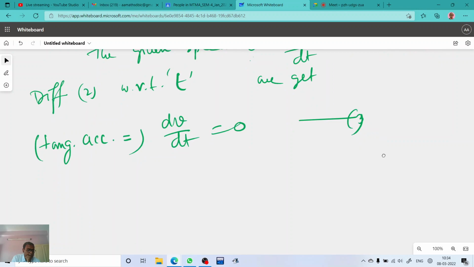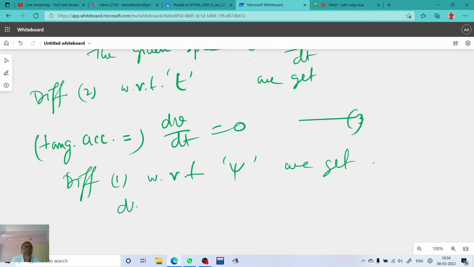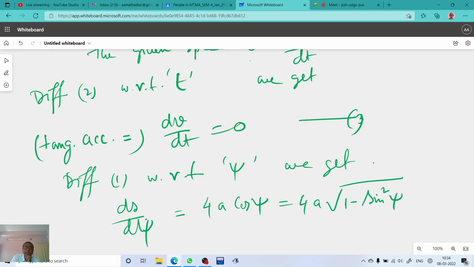Next, differentiating 1 with respect to psi, we get ds d psi equals 4a cos psi. This equals 4a root over 1 minus sin square psi.